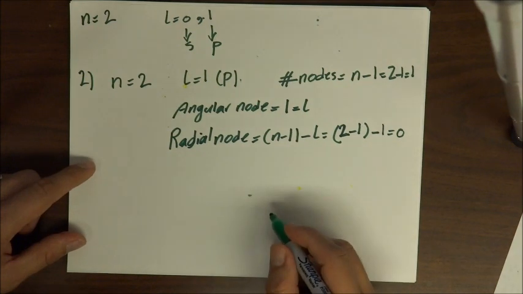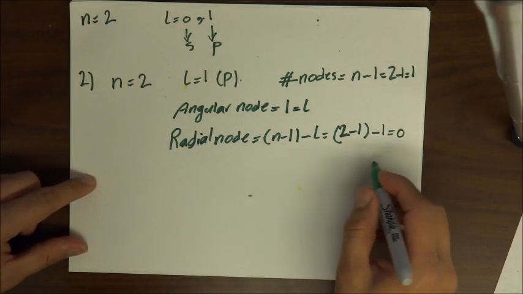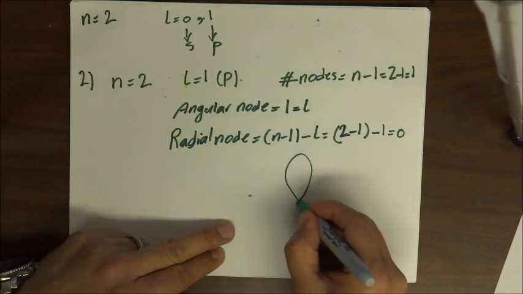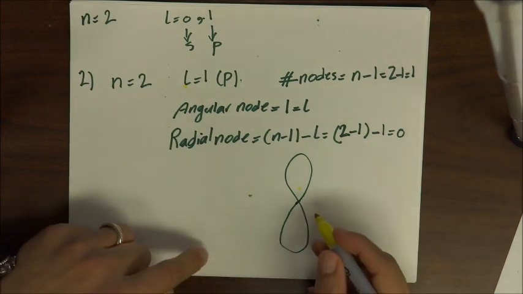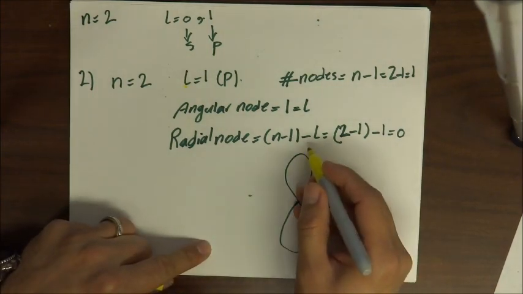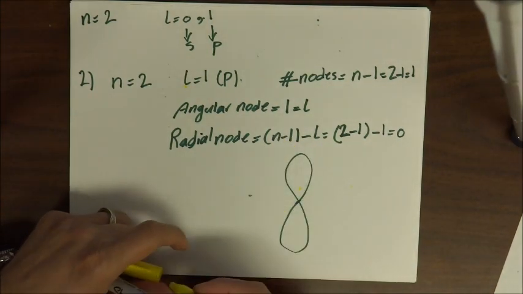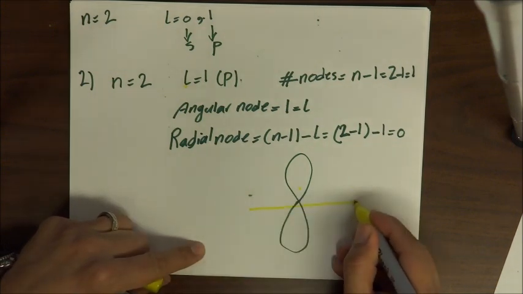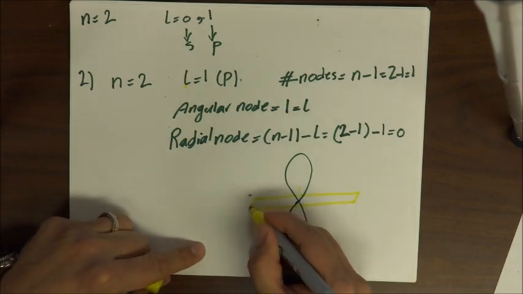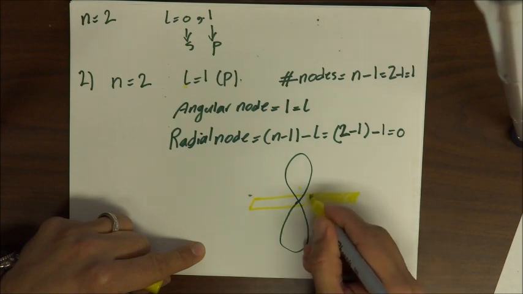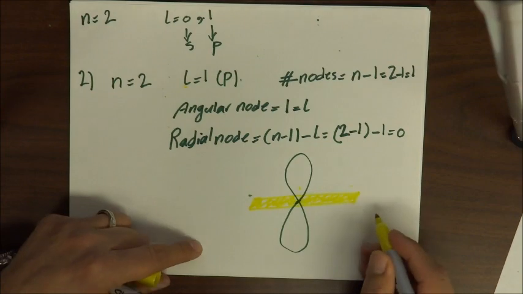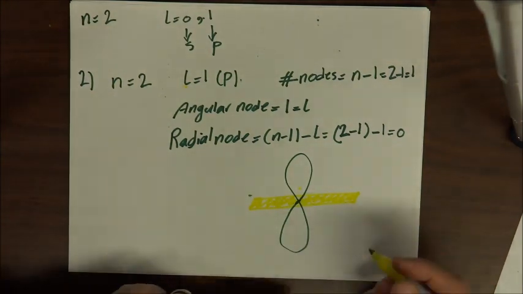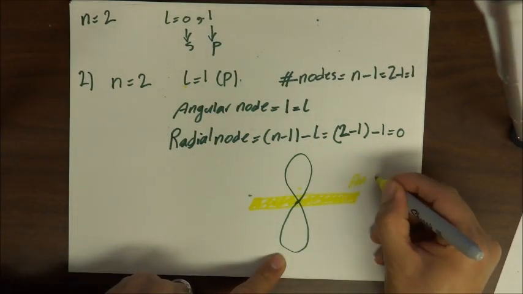Here is the p orbital. Show all the nodes. The first node we have is an angular node.